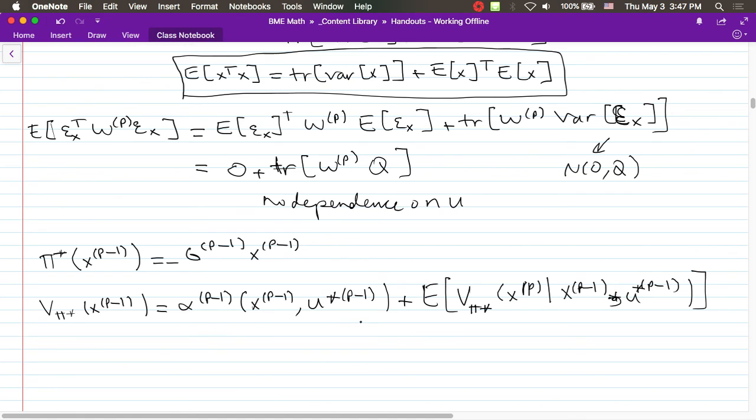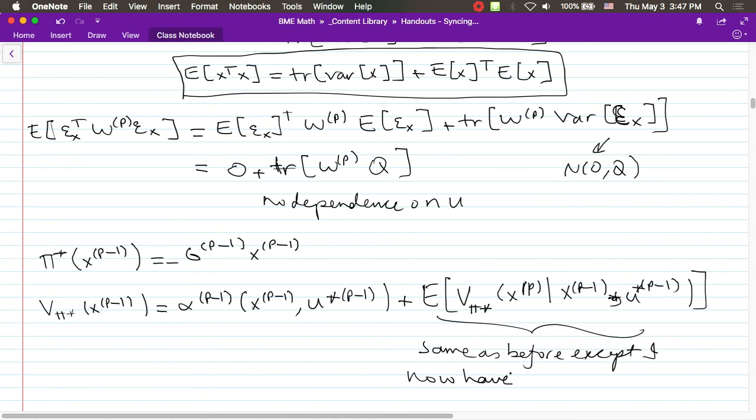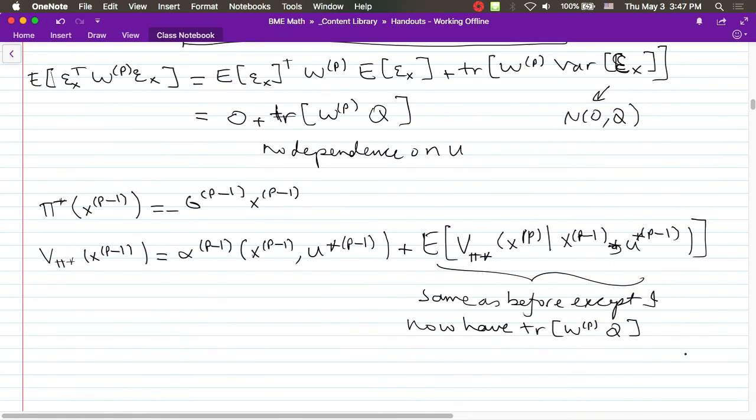This is the same as before, except I now have the trace of WPQ as an additional term.